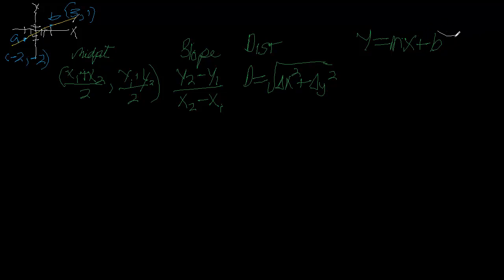So with that, we're going to try and find the parallel and the perpendicular slopes. Now, the parallel slope is simply the same. That's called M1. And the perpendicular slope is minus 1 over M1.